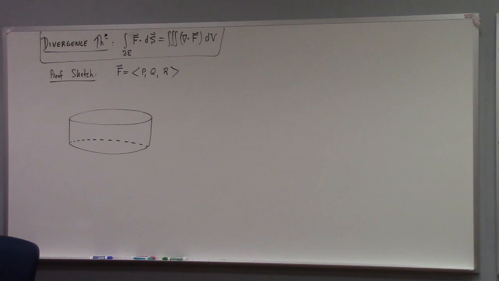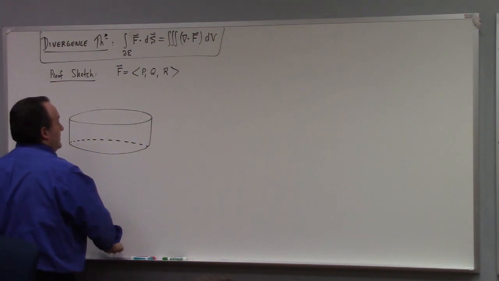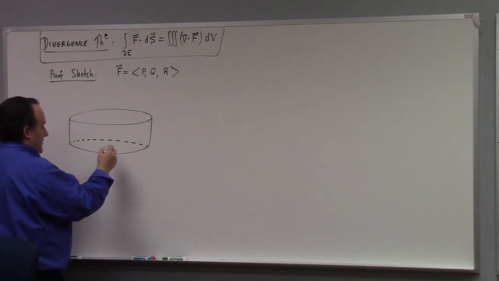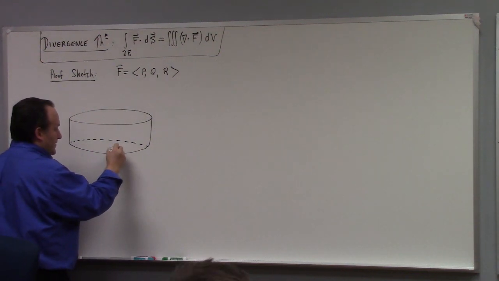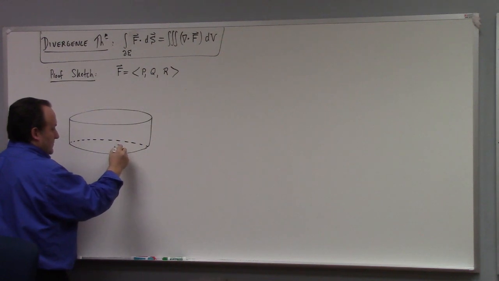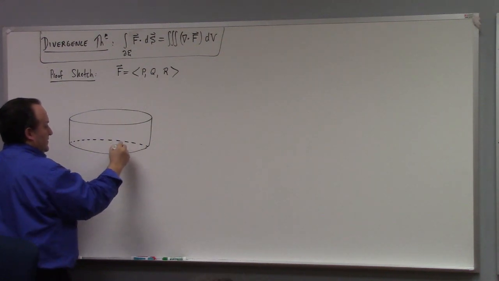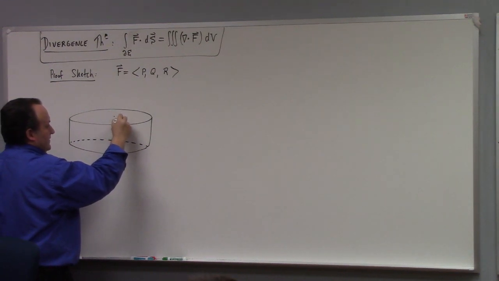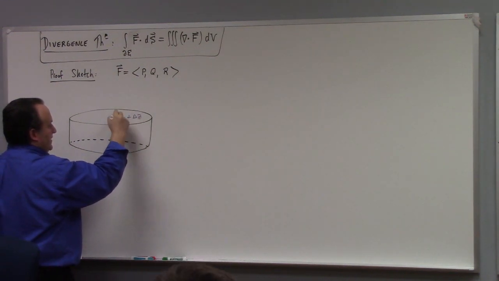Now I want to count the number of field lines coming out of this. There are a couple different things to talk about. Let's say that this bottom is at Z, and this up here is at Z naught plus delta Z.